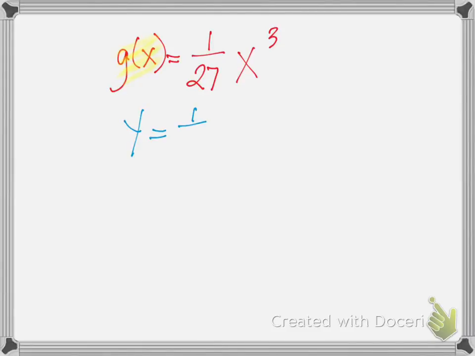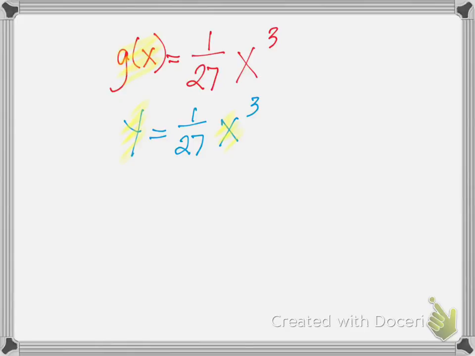Last example, it says find the inverse of g of x equals 1/27 x cubed. So the first thing I need to do is switch this to be a y equals. So I'm going to rewrite it as y equals 1/27 x cubed. Next step is I'm going to switch my x and y.